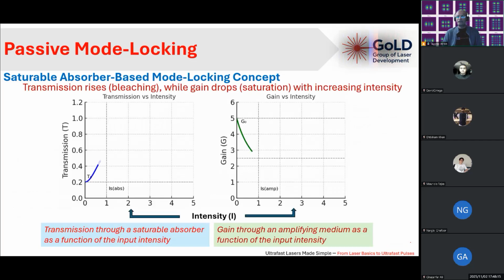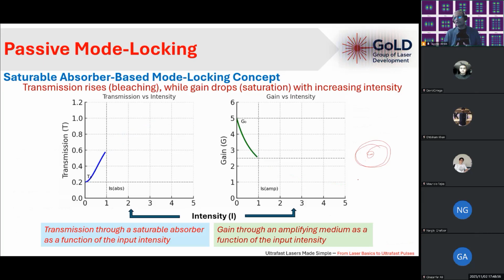This is also an animation, and it will help you to understand. You can see on the left side the transmission of the saturable absorber, and on the right side the gain versus intensity. Intensity is increasing, transmission is increasing. On the other hand, intensity is increasing and gain is reducing, for the reason I mentioned in the last slide.